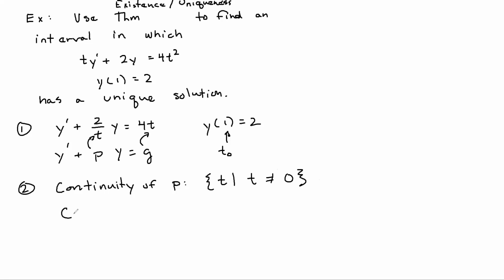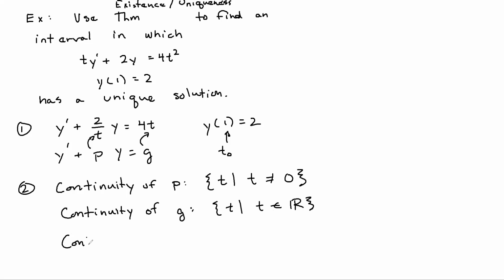Then the continuity of G. That's the continuity of 4t. What conditions are on 4t for this to be continuous? None, right? So t can be any real number. This symbol, if you haven't seen it before, just means "is a member of." It just means t is a real number. It's another way of saying "is."